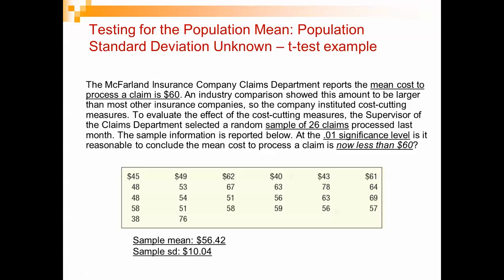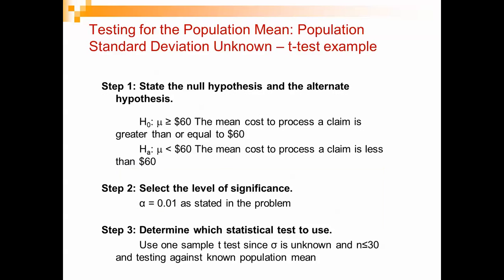What's step one? Step one is that we state the null and the alternate hypotheses. In other words, we assume nothing is going on in the null hypothesis, and then we say, what do we expect to get if something is going on, and that's our alternate hypothesis.